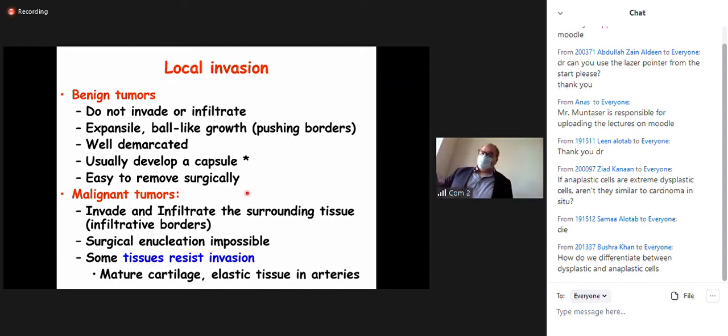How would a benign tumor grow? It will grow in an expansile pattern. It will not grow in an infiltrating pattern. Malignant tumors, on the other hand, grow by infiltration. They grow and spread by invading nearby tissue, and in the process, creating these irregular borders.